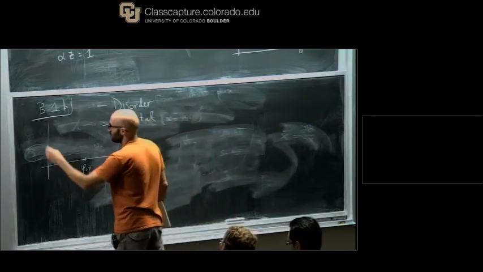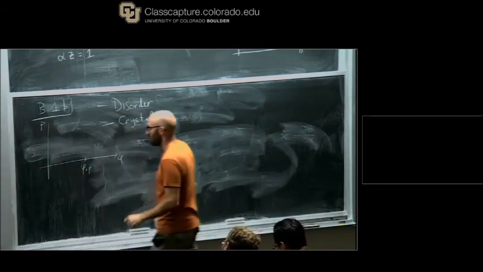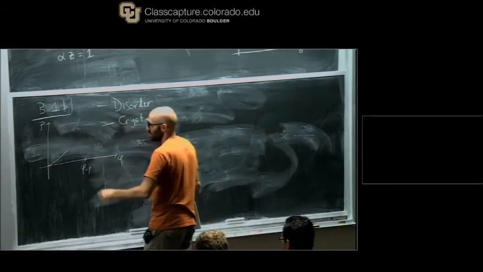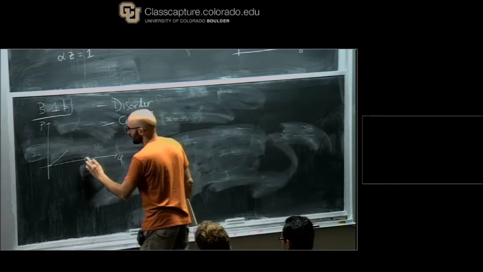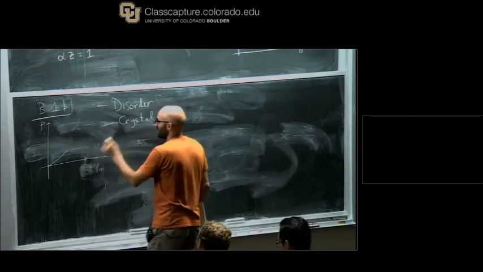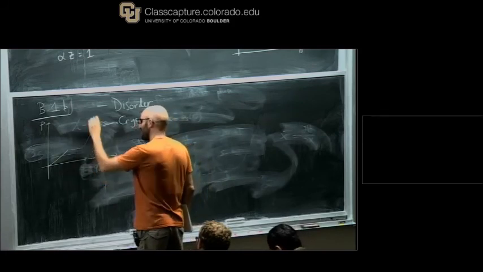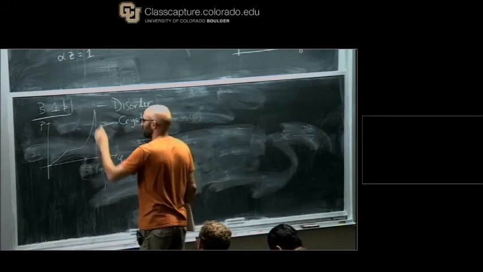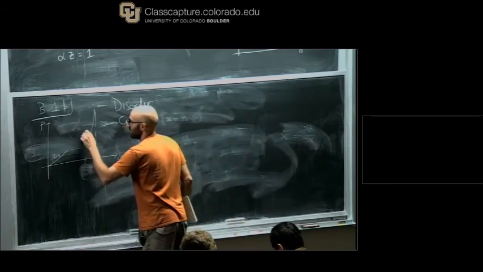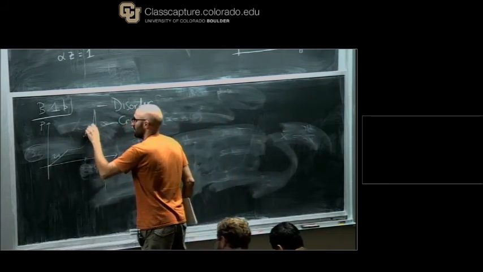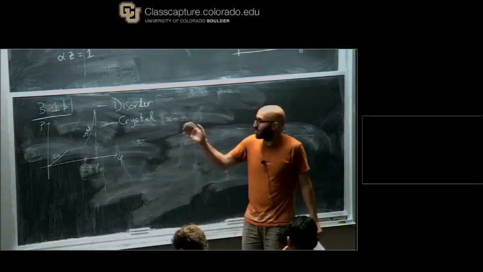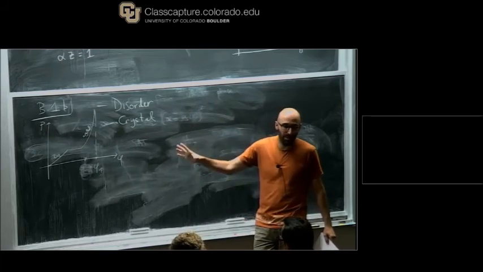So if you take, for example, the pressure versus the packing fraction, you're going to have some liquid phase. Then you're going to have some transition to the crystal, and then the pressure is going to diverge at the close packing point. So this will be liquid, this will be crystal. And this, if you want, is the behavior in the SAT phase. The SAT phase is when you satisfy all the constraints.